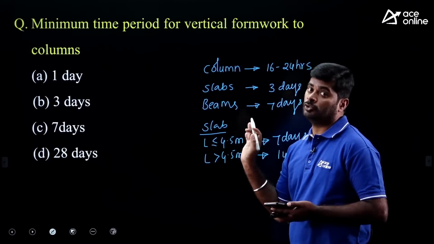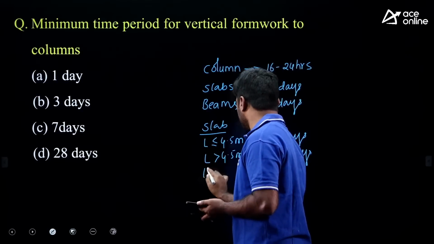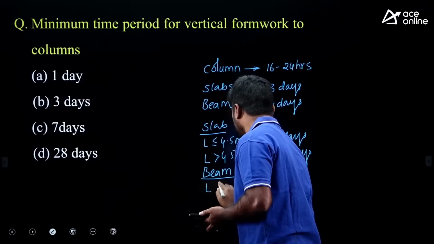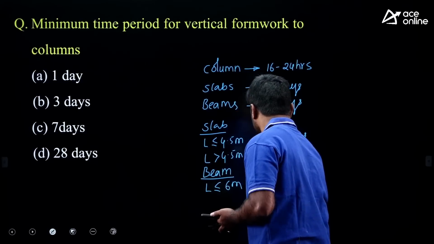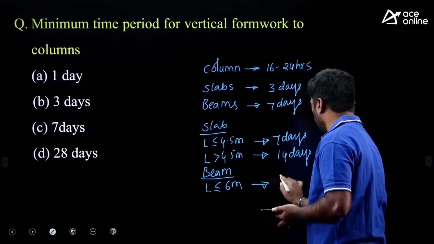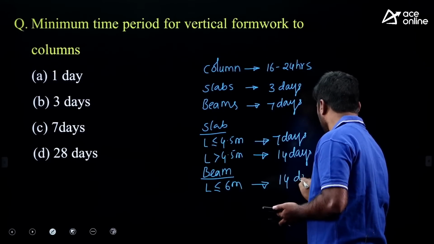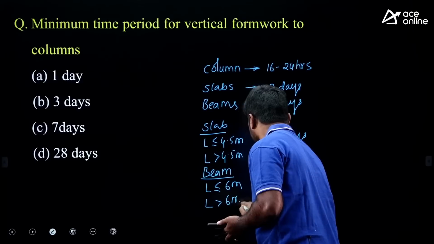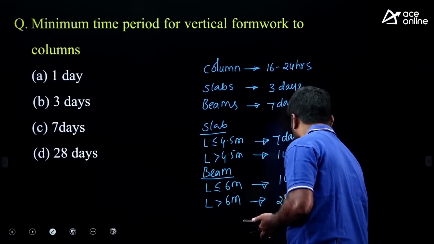After 14 days, we have to remove them. Coming to the beams, how many days are required to remove the props? If the span is up to 6 meters, 14 days are required. And if the span is more than 6 meters, 21 days are required.